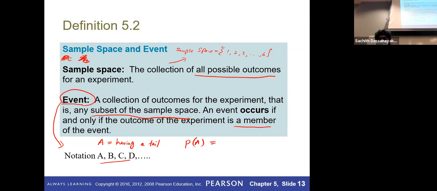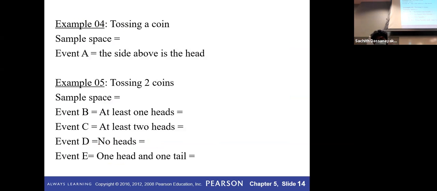Later you will see how you pronounce it. It explains the probability of that event within the bracket. Example 4, tossing a coin. So what is the sample space within these curly brackets?